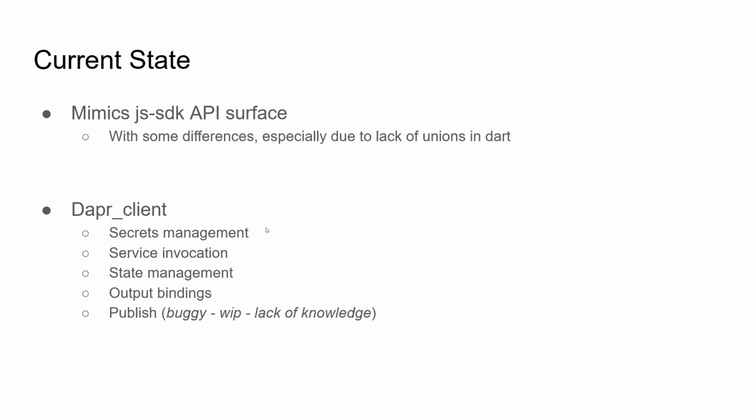Like I said, currently the separate Dapr client package supports secret management, service information, service invocation, state management, and output bindings. Publish was working until last week, but I started trying to introduce the cloud event envelope for the subscriber part, and now it stopped working.